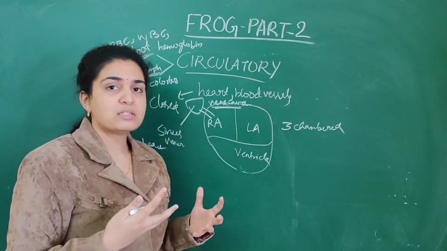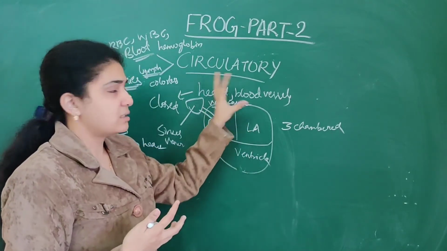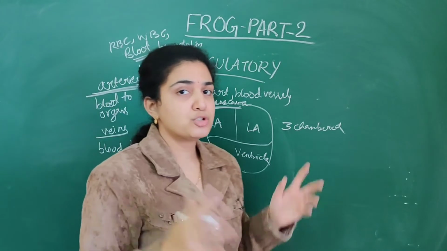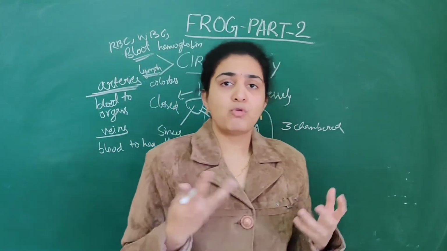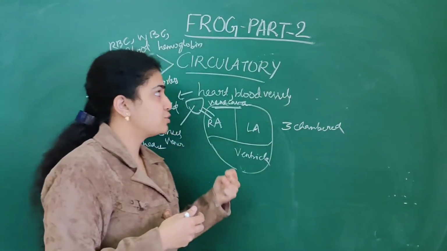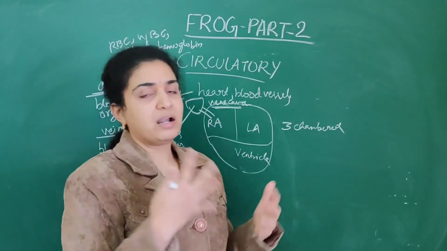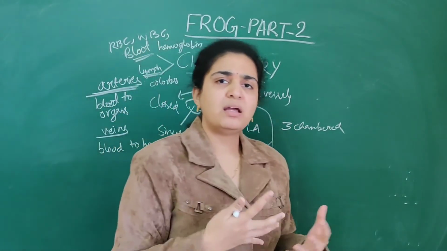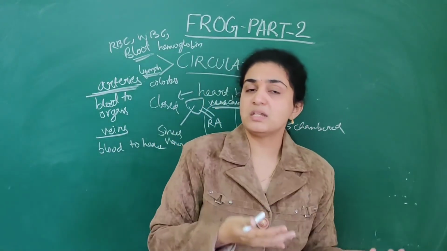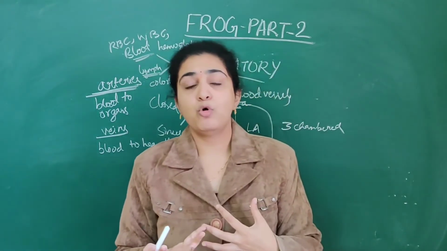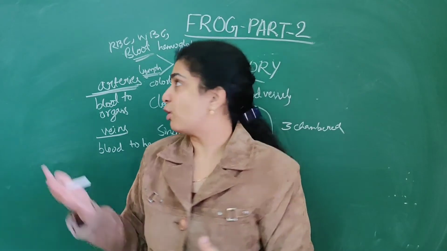So what we have discussed is, mainly two points you should remember in the frog. The circulatory system consists of blood as well as lymph. Blood contains numerous RBCs, WBCs, and hemoglobin is also present in the frog.